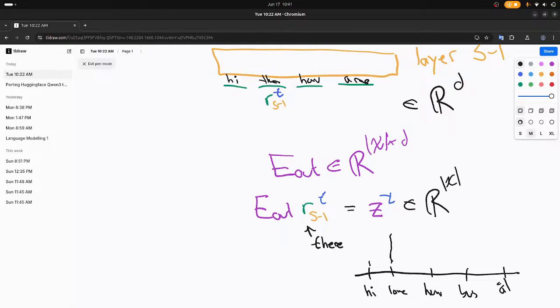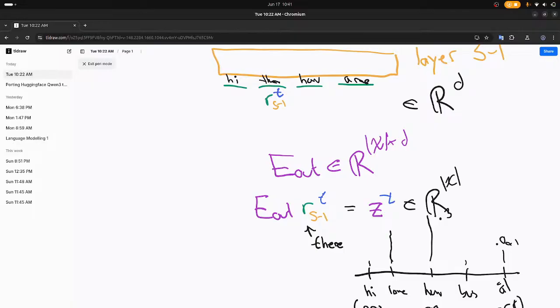That makes a lot of sense. Hi there, hi, nah. Hi there, all, okay. Hi there, bus, nah. Hi there, how. Ooh, that's pretty good: 0.3, 0.001, 0.01. We want a vector with that many words.